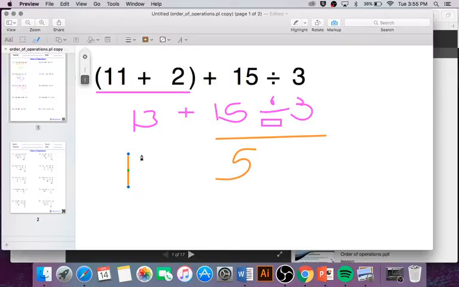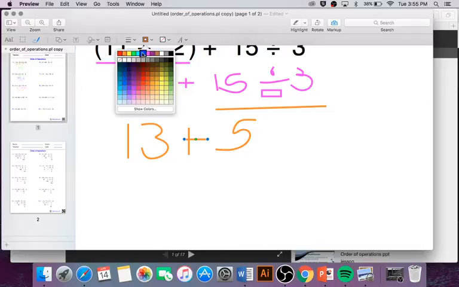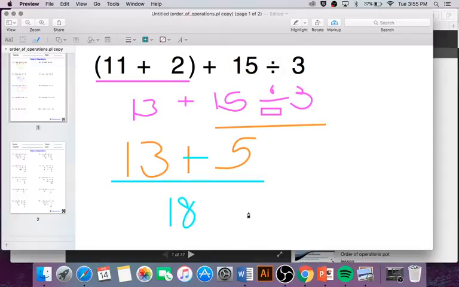So we have 13 plus 5. And 13 plus 5 is 18. So our answer is 18.